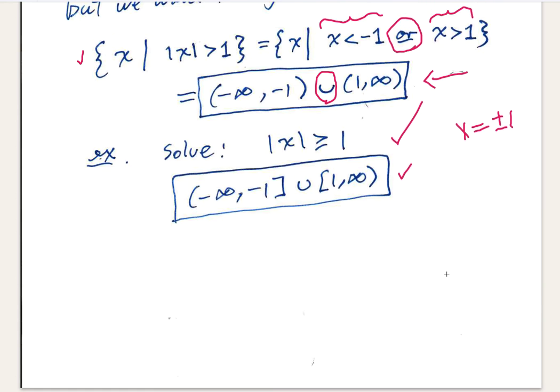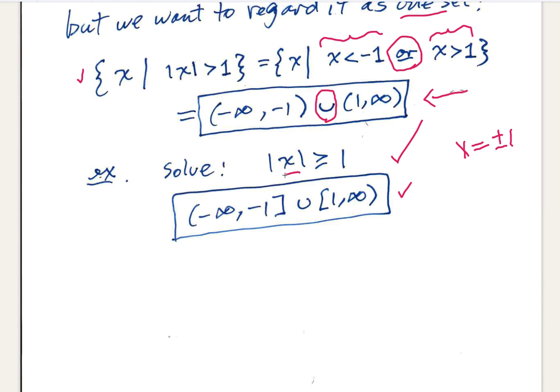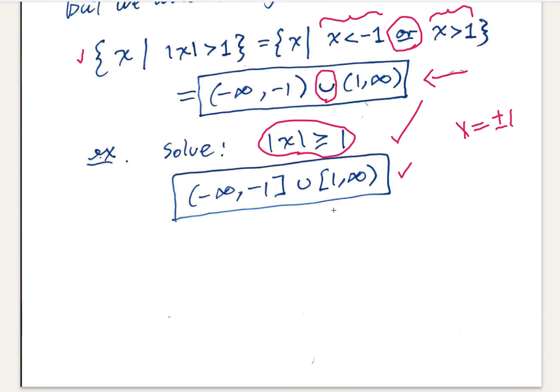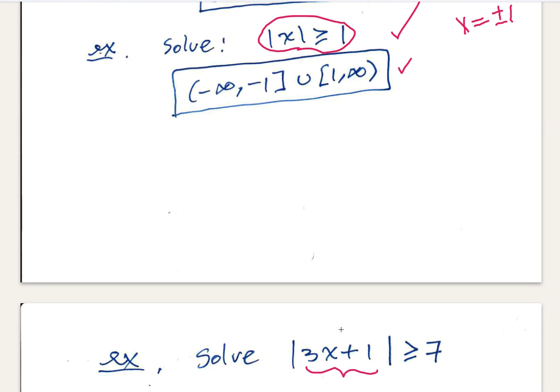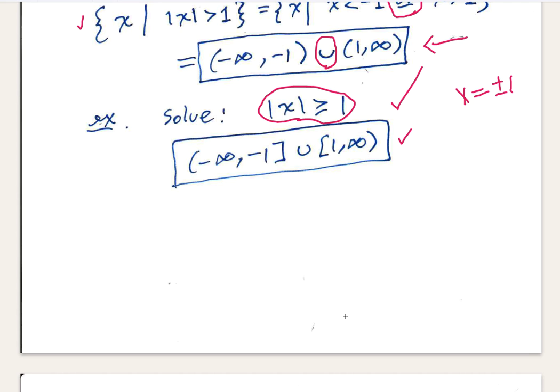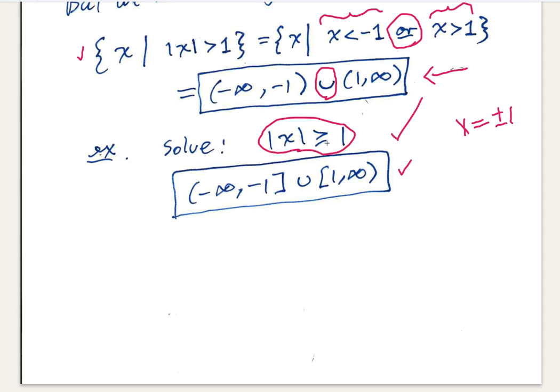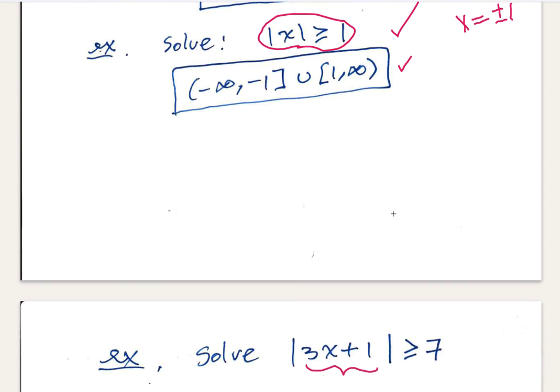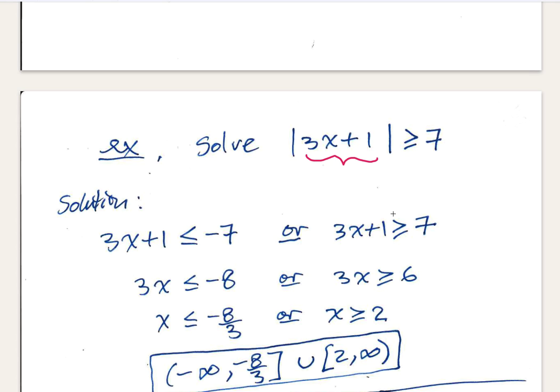So it's similar to the situation I took up here, only x has been replaced by a little more complicated expression, 3x plus 1, but that doesn't matter. And it's going to be greater than or equal to 7 instead of greater than or equal to 1. But this is essentially it.